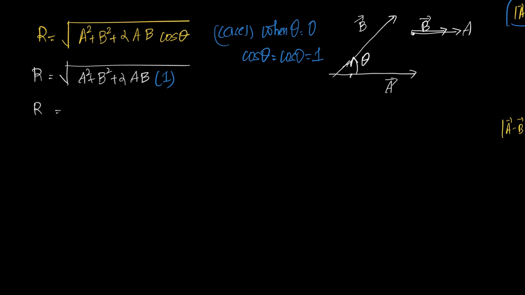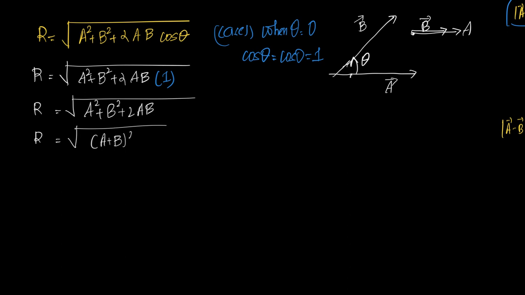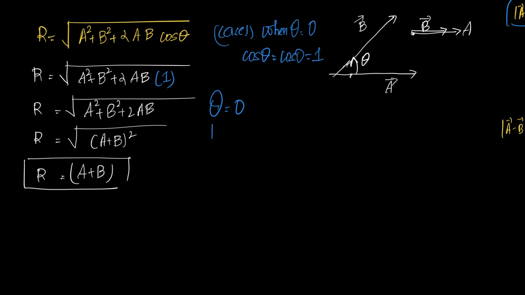So R is equal to root of a square plus b square plus 2ab, or R is equal to root of a plus b the whole square, which is a plus b. So this is one result we need, which means when theta is equal to 0, R is equal to a plus b.